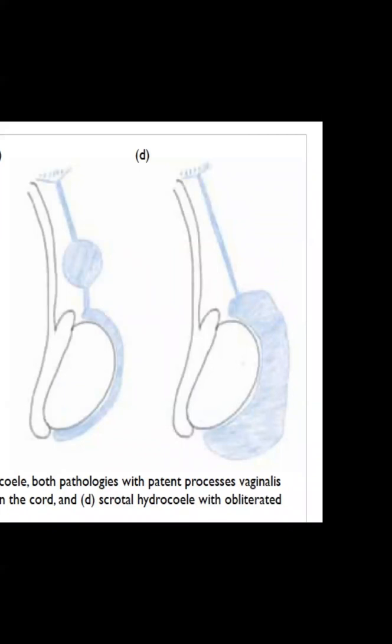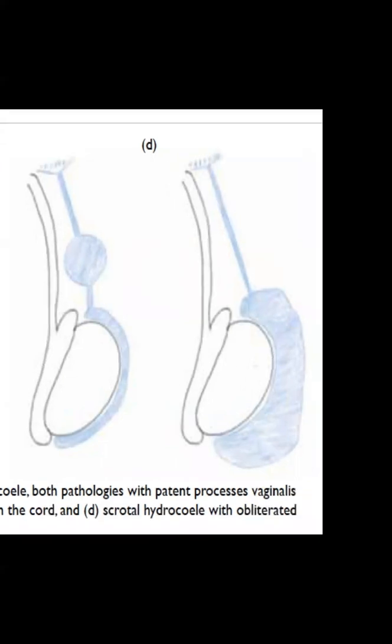You can see it's obliterated up there, just next to the spermatic cord, and it's open all around the scrotum. There is a space for fluid, so this is what we call a non-communicating hydrocele.